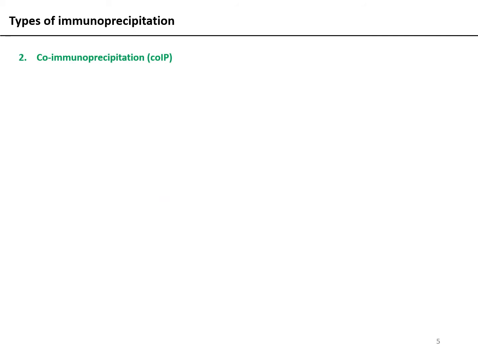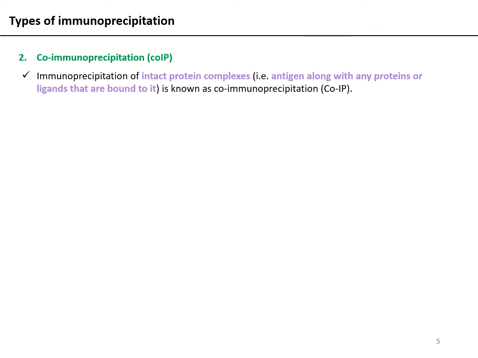Next, we will move on to co-immunoprecipitation or co-IP. Immunoprecipitation of intact protein complexes, that is, antigen along with any other protein or ligand that is bound to it, is known as co-immunoprecipitation.